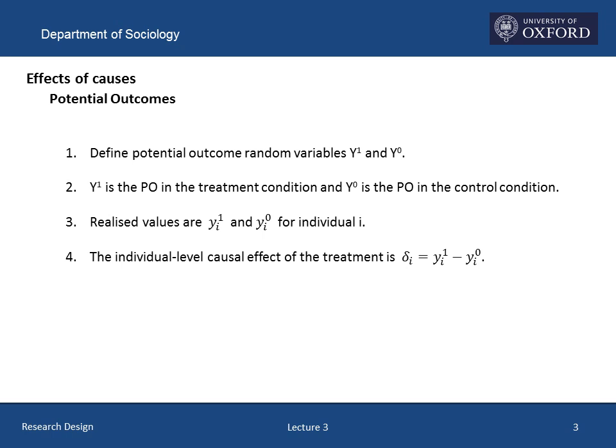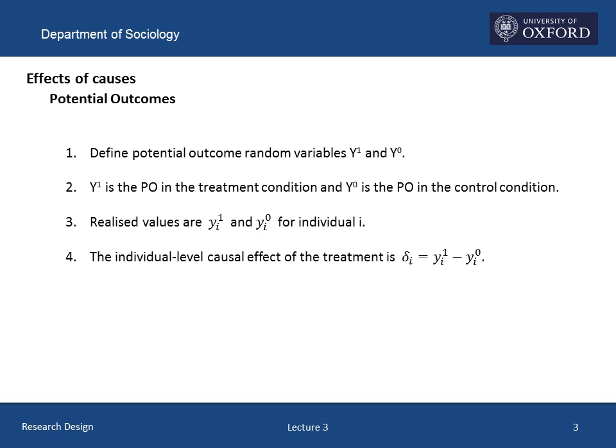Let's begin by setting out some notation. First, we define potential outcome random variables, capital Y superscript 1 and capital Y superscript 0. Capital Y superscript 1 is the potential outcome in the treatment condition, and capital Y superscript 0 is the potential outcome in the control condition.